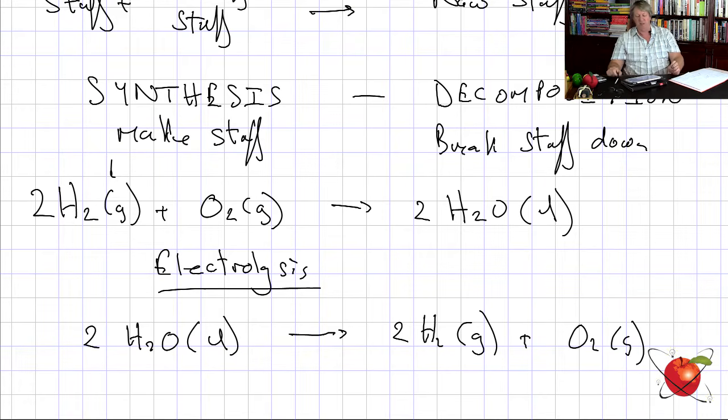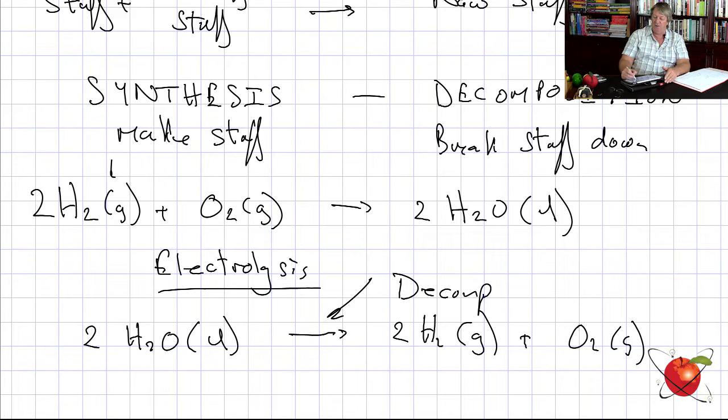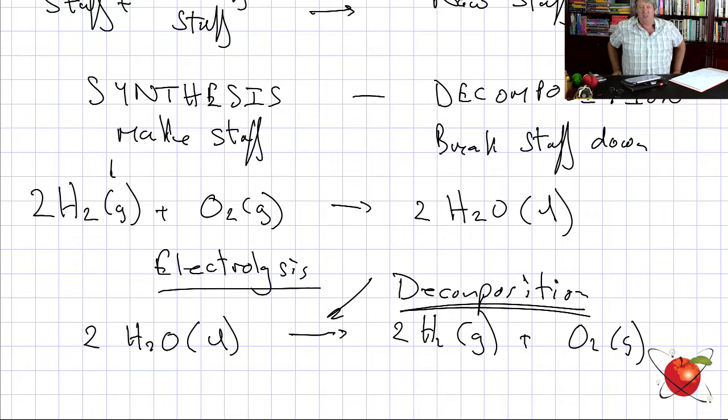Remember that? So that's the electrolysis process. That's the decomposition here. It's breaking it down from the stuff it's made of, and we take it apart into its basic constituents. That is a decomposition reaction.